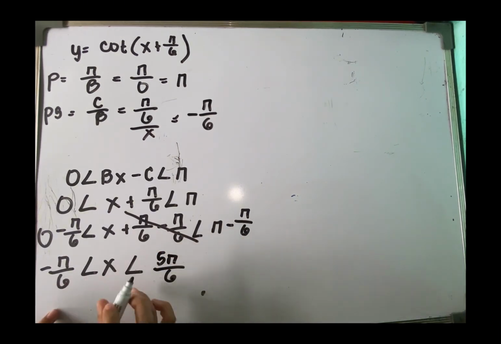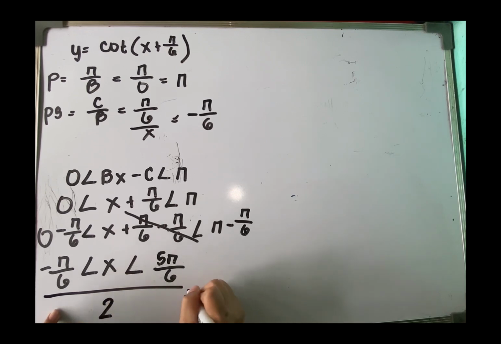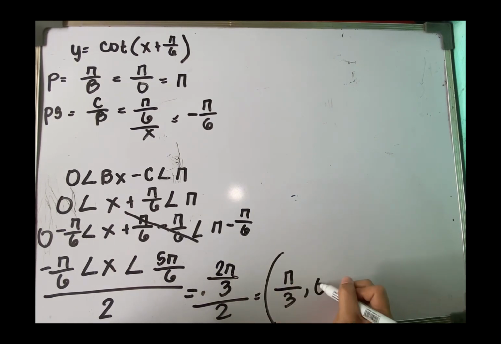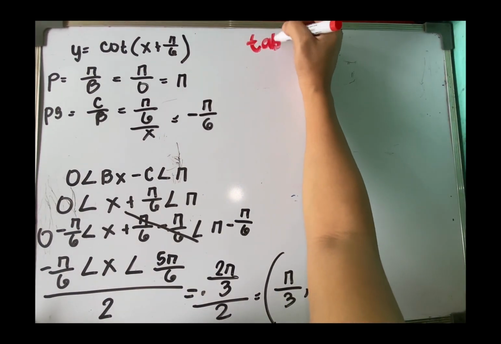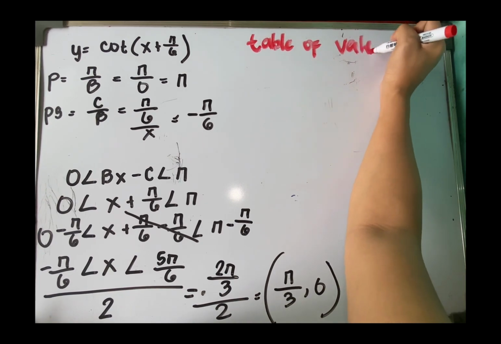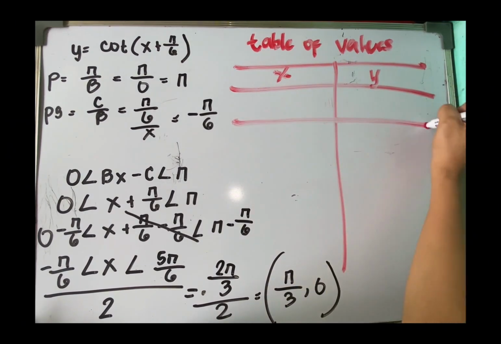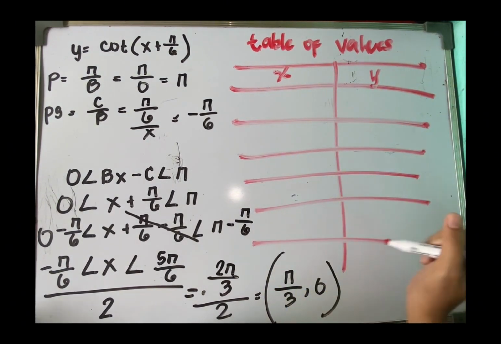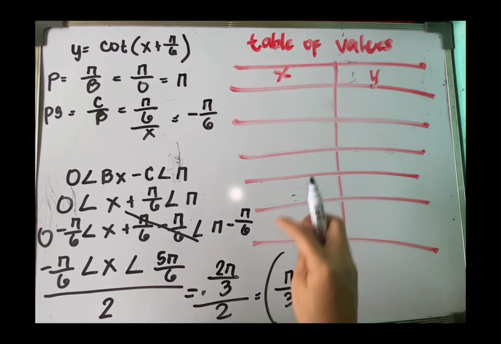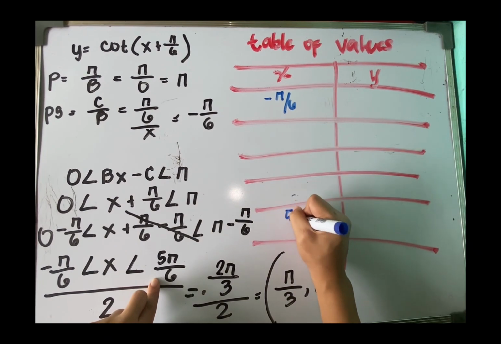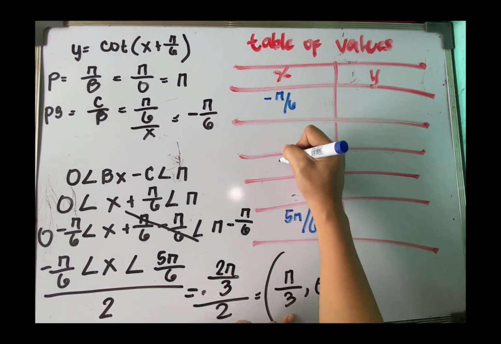Now let's add these two, then divide by 2. 2 pi over 3 divided by 2 is equal to pi over 3, and 0. And now let's do the table of values again so that we do not get lost when we do the graphing. Since it's one period, we only have 5 points. We first put negative pi over 6 and pi over 6, and our middle is pi over 3.